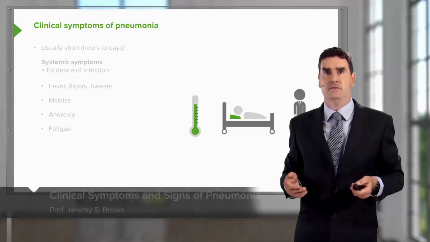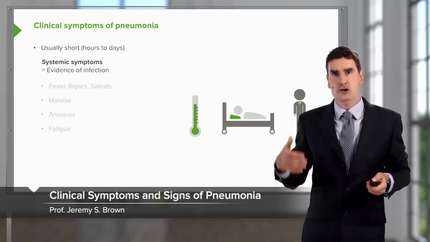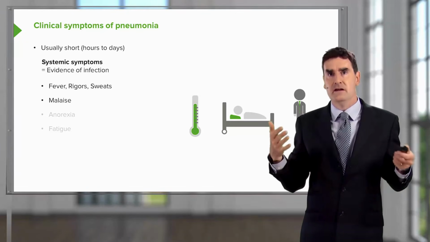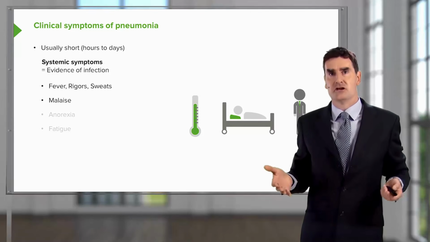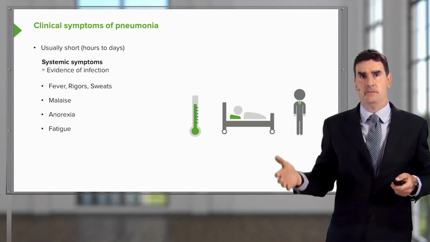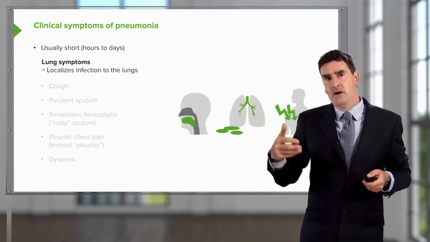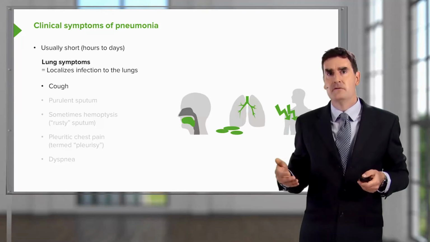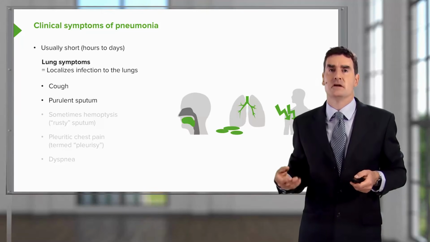What are the symptoms of pneumonia? Well, actually, they're very straightforward. You have the systemic symptoms that you get with infection, fever, feeling unwell. Occasionally you get the shakes, the rigors, and you're not eating, and you feel terrible, and you want to go to bed. Then there are the focal symptoms you get because it's a lung infection, and that will be cough, producing a purulent sputum sometimes.